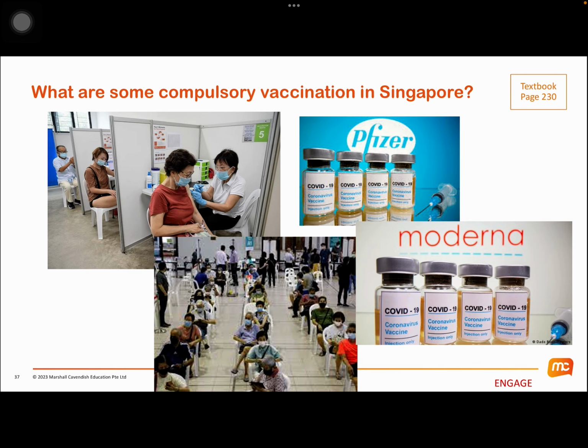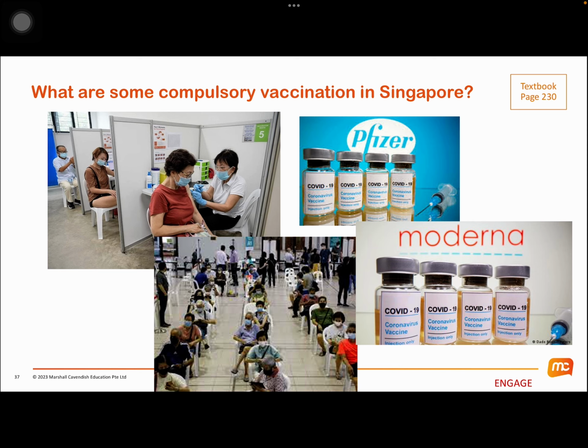So what are some compulsory vaccinations, apart from those that I have mentioned? They are definitely the COVID-19 vaccination that all of us took when it hit 4 years ago. You can see how strict we are with vaccination.